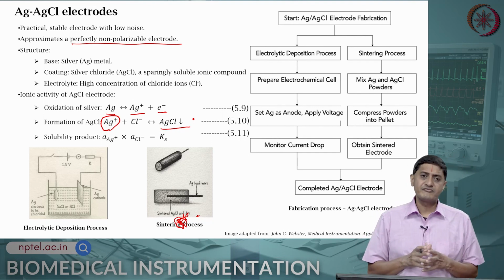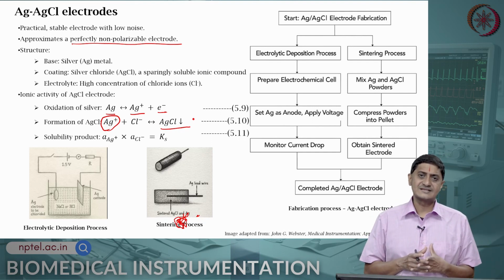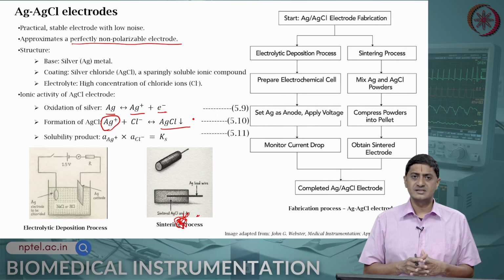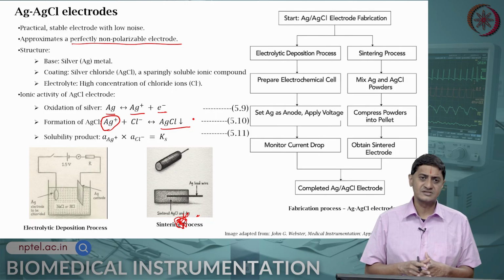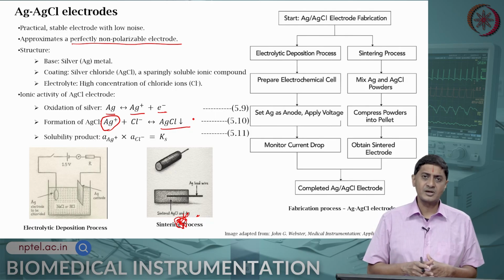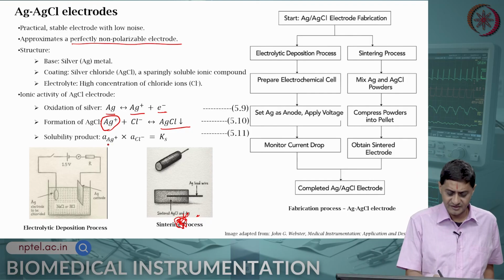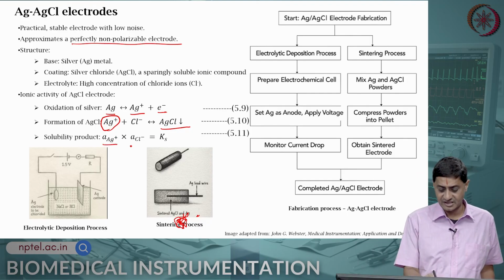So, the effectiveness and efficiency of this electrode is determined by the product of the activity level of silver and the activity level of chloride.